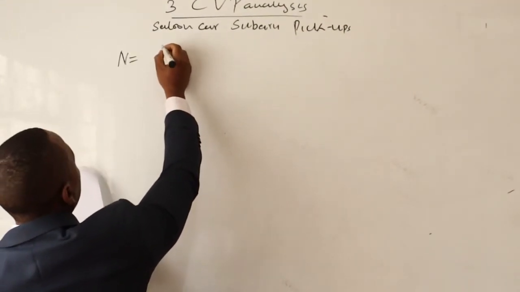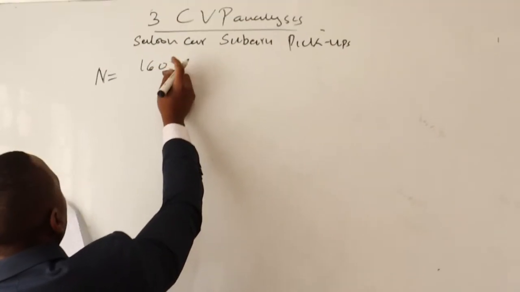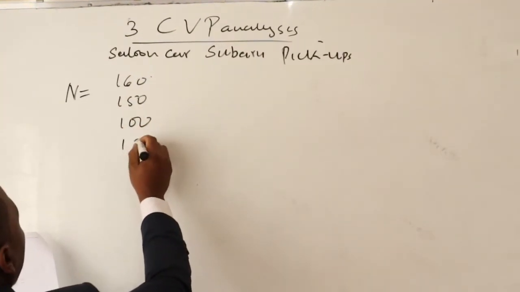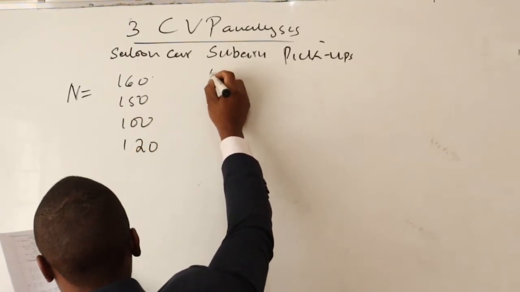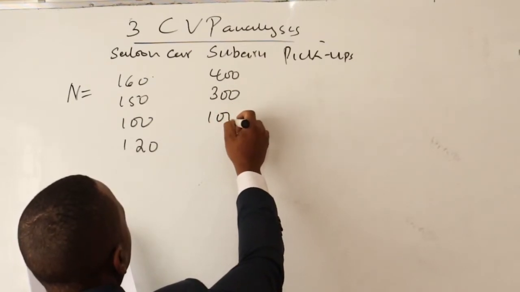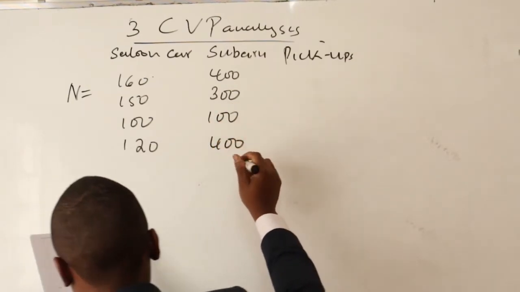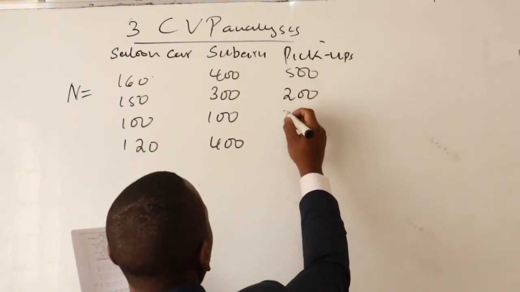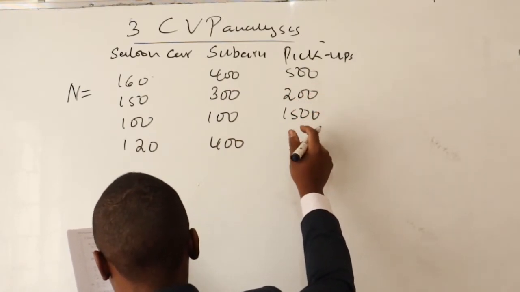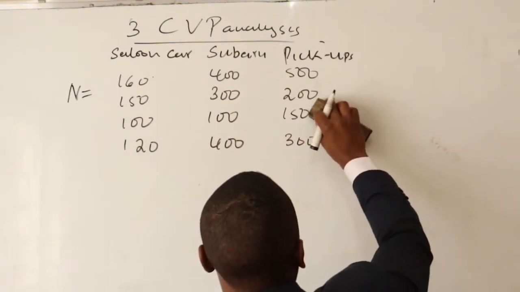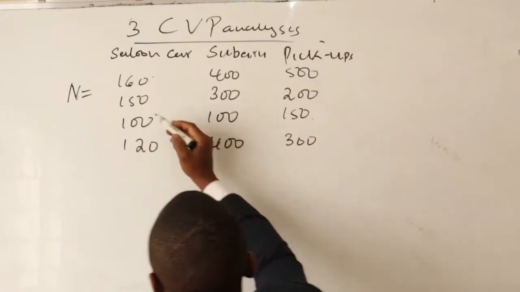Here we have 160, 150, 100, and 120. For Subaru, we have 400, 300, 100, and 400, 500, 200, 150, and 300. You're given like that.